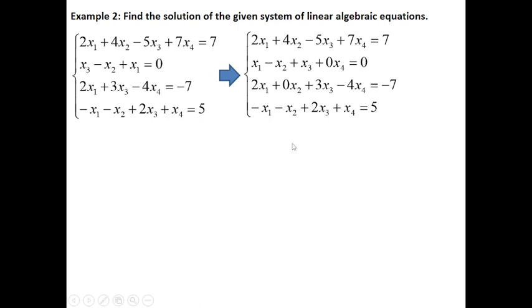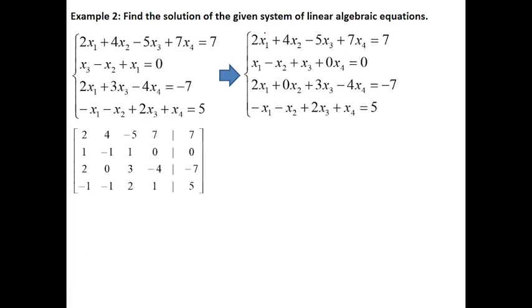Okay? And then, here's now the augmented matrix. So, we have 2, 4, negative 5, 7. Ito yun. Tapos, 1, negative 1, 1, negative 1, 1. Tama, yun. 0.